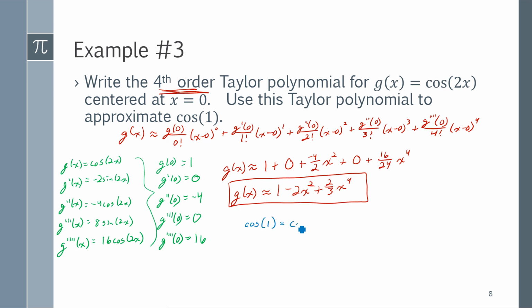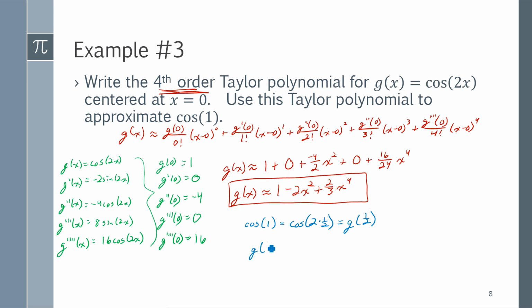is the same as the cosine of 2 times a half. And I have to do this 2 times a half because g of x is the cosine of 2x. So that'd be the same as the g of 1/2. So x is not going to be 1 here because my function is the cosine of 2 times x. My x is 1/2.